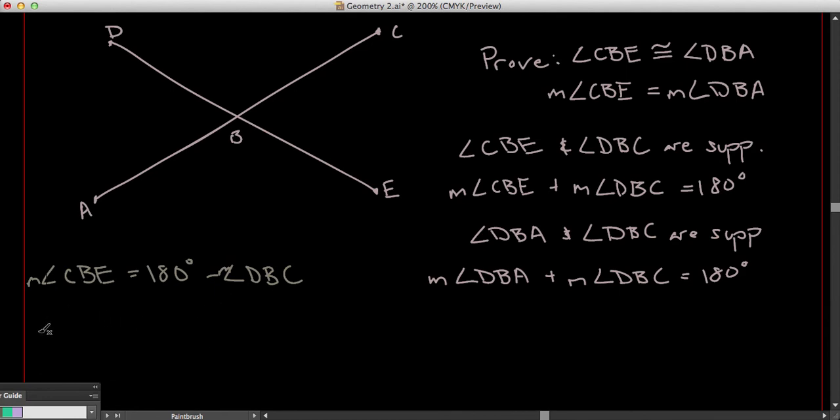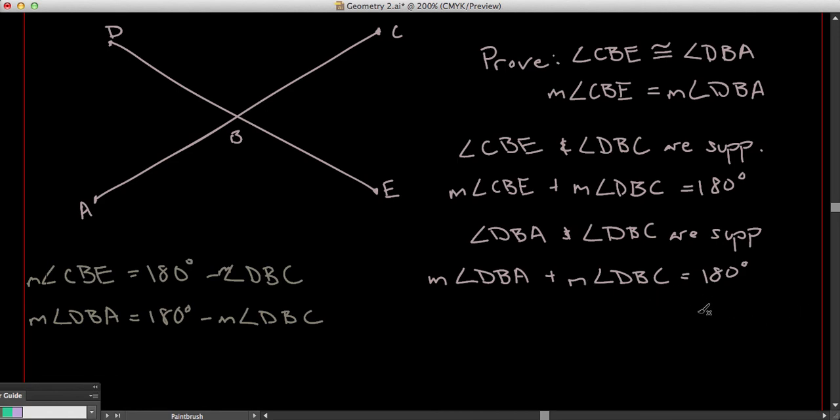And I could also write that the measure of angle DBA is equal to 180 degrees minus the measure of angle DBC, right? So all I'm doing is bringing this DBC over to the other side of the equation.